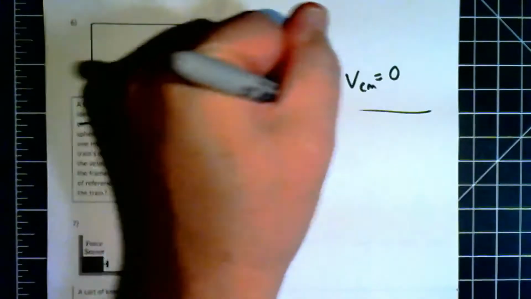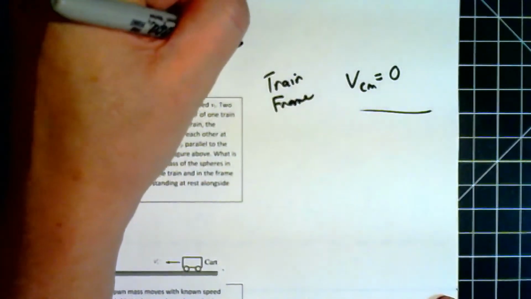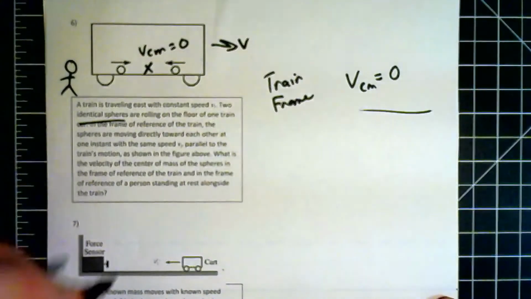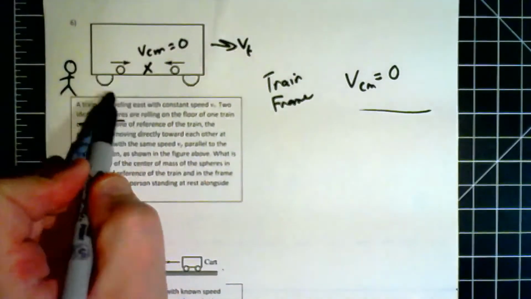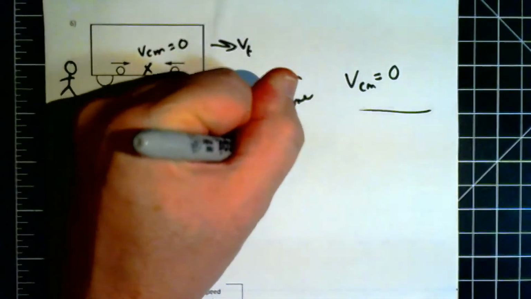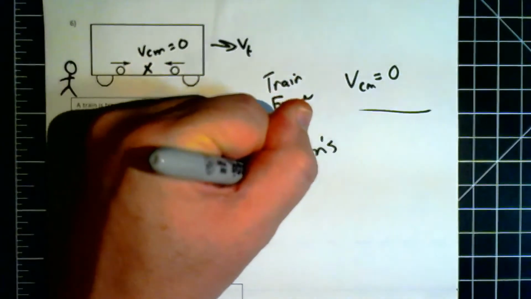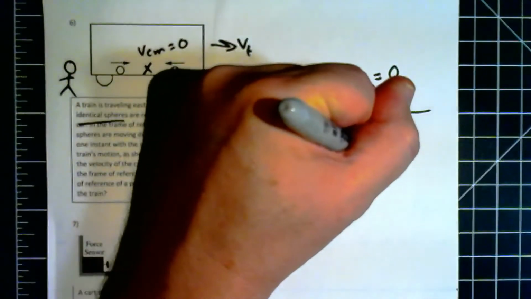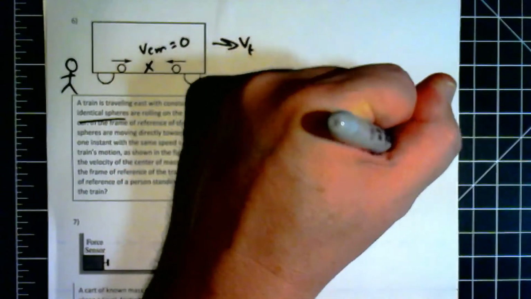But then, if I'm standing out here watching this, as that train's going by at this speed v_t, it's kind of hard to read there, then I would see this whole system as moving with some velocity. And so from the person's frame of reference, the velocity of the center of mass would be the same velocity that the whole train is moving at.